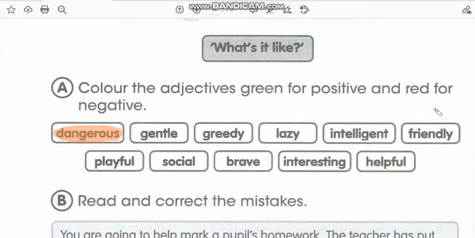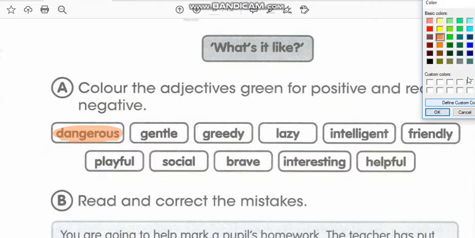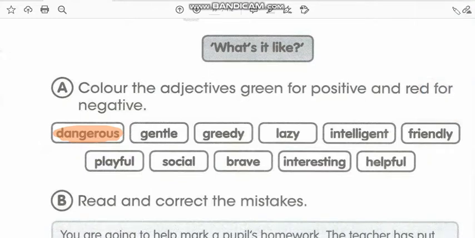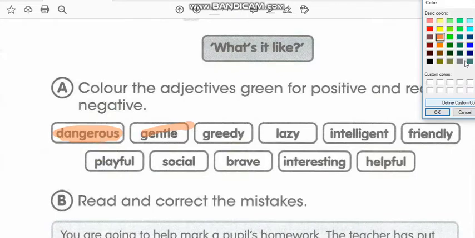Now gentle، لو كلمة gentle الشخص الودود أو الشخص اللطيف، someone is gentle. So this is of course positive، so color it with the green، لونها باللون green الأخضر. سوري هاي المفروض تكون green.